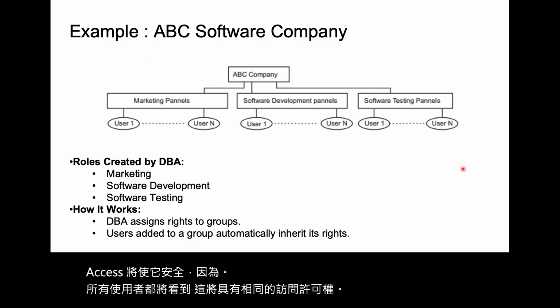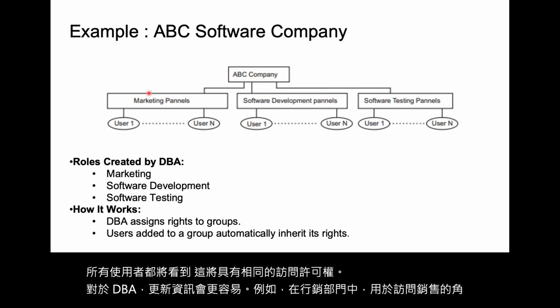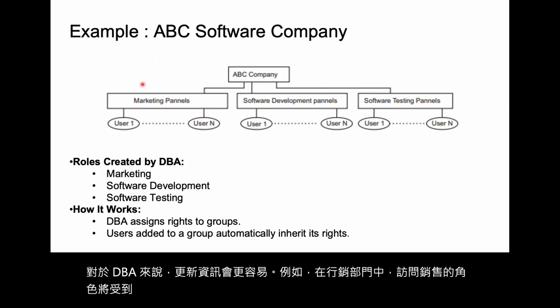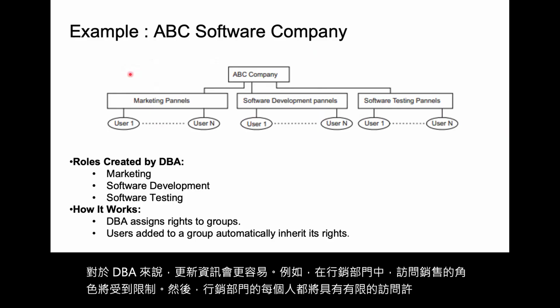And for the DBA, it will make it easier to update the information. For example, in the marketing department, if the role's access to the sales reports is limited, then everyone in the marketing department will have limited access to the sales reports.